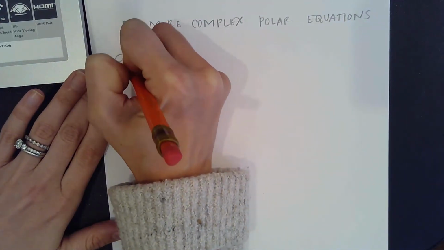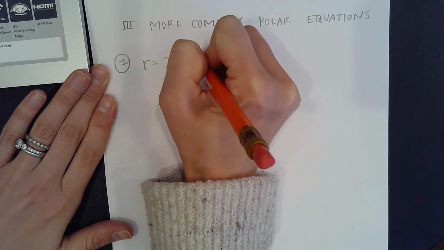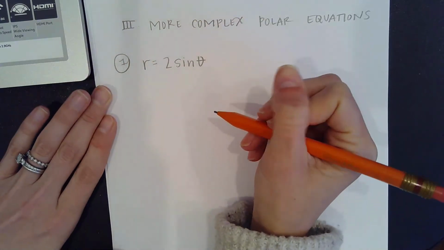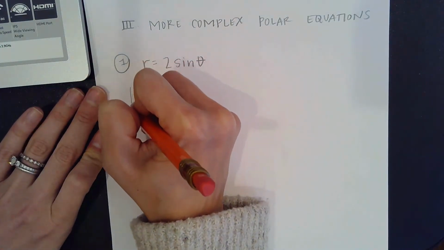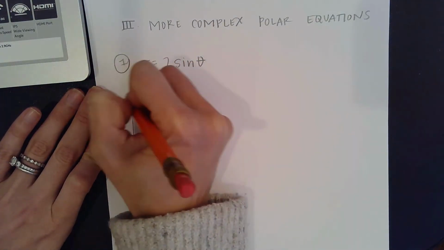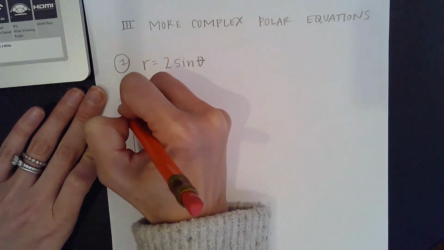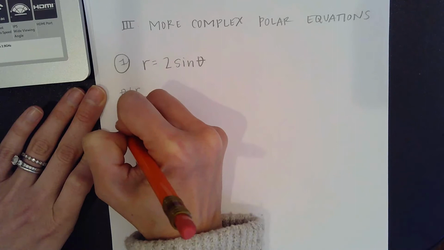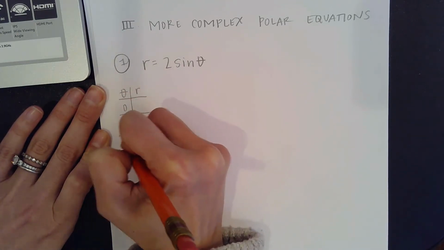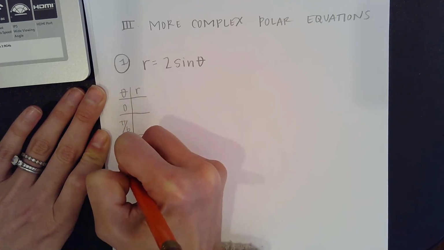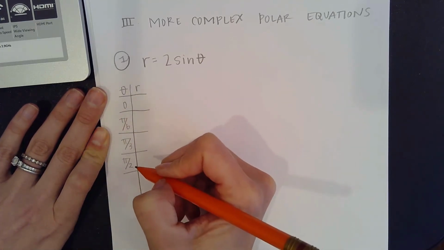So I'm going to do the one where we had r equals 2 sine of theta. So basically I want to plug in theta values and find the r value. Okay, so we'll plug in 0, pi over 6, pi over 3, pi over 2. We'll go all the way around the unit circle.